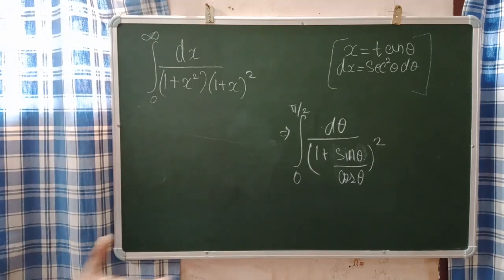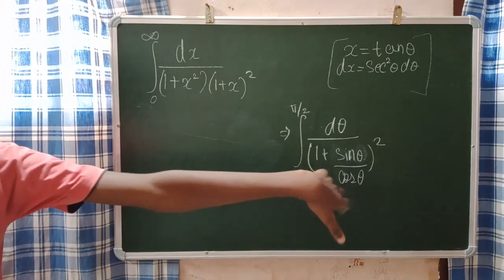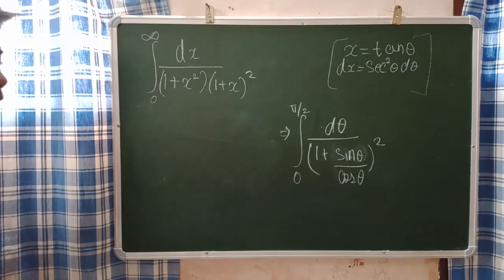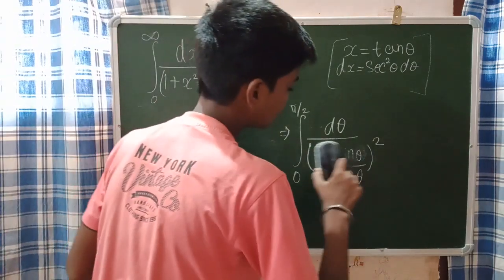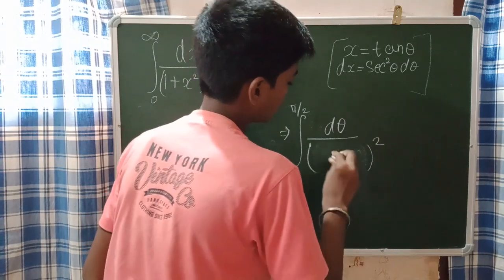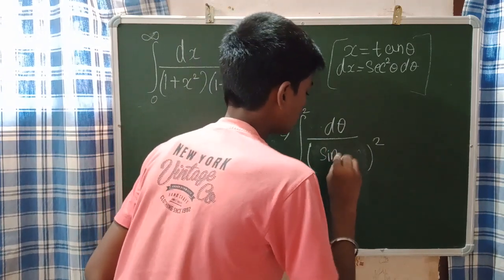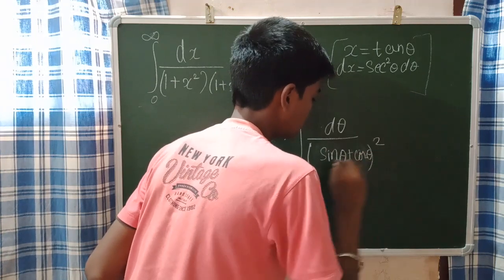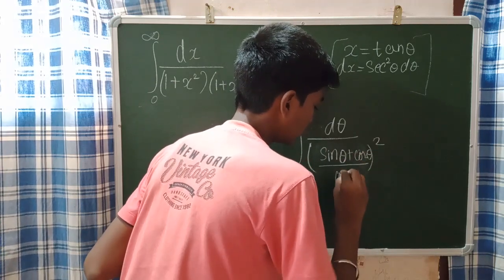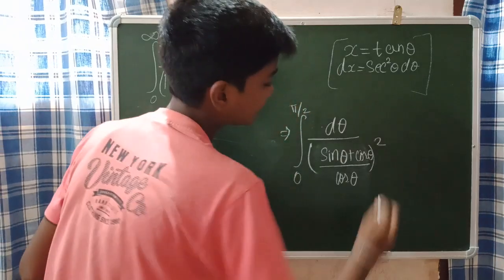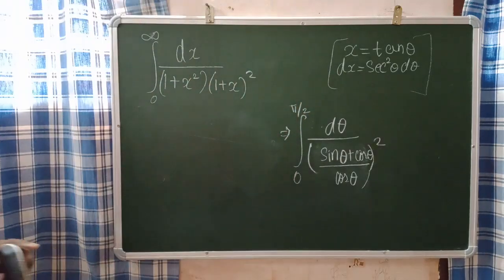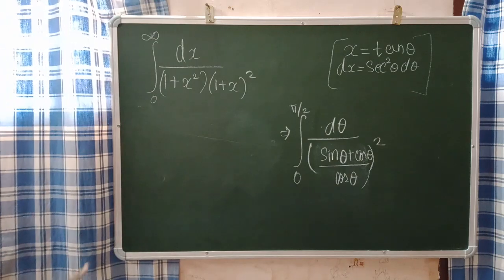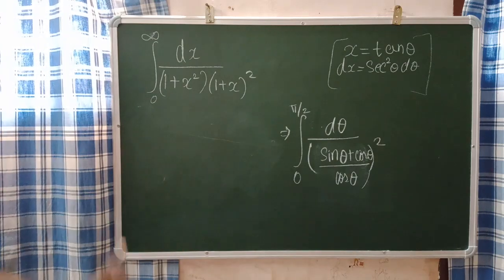Now after this, just try to solve this 1 plus sin theta by cos theta by taking LCM. By taking LCM, I will get this as (sin theta plus cos theta) divided by cos theta. This is what you will get when you take LCM and solve. Basically, 1 plus sin theta by cos theta is sin theta plus cos theta by cos theta.